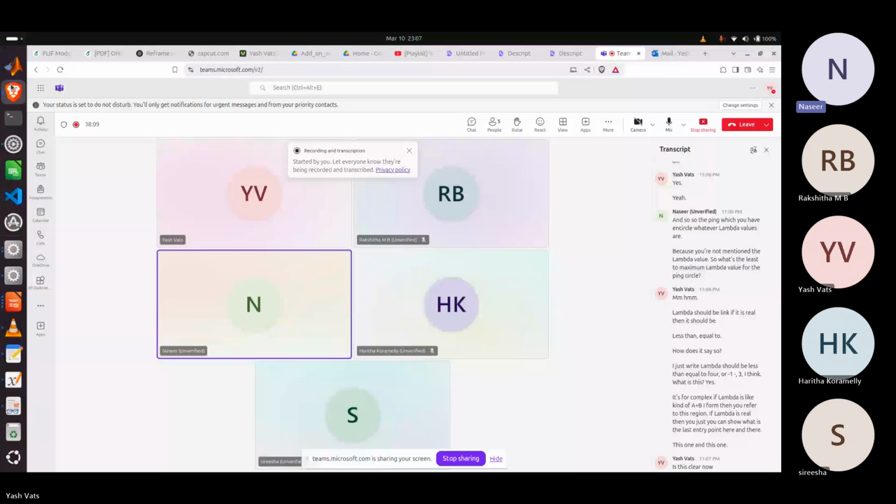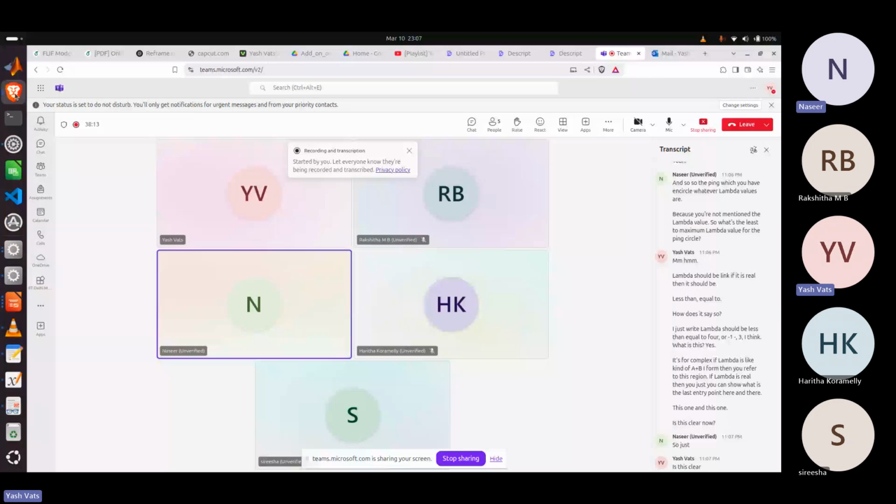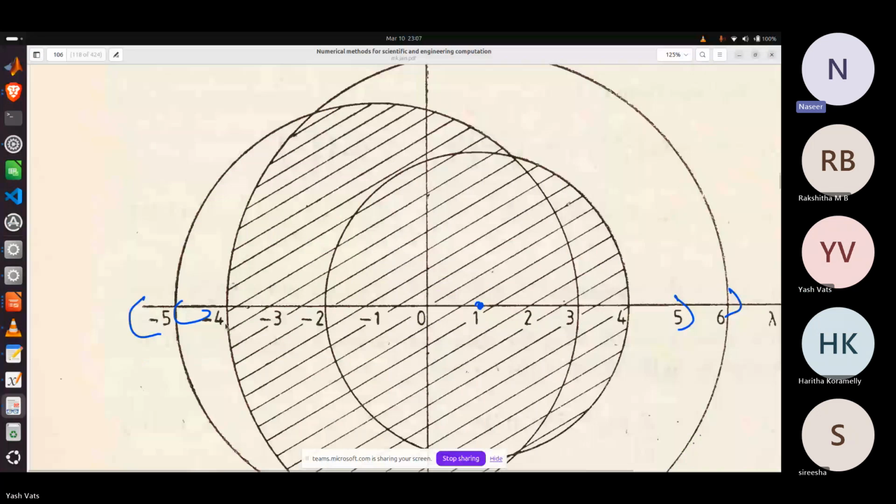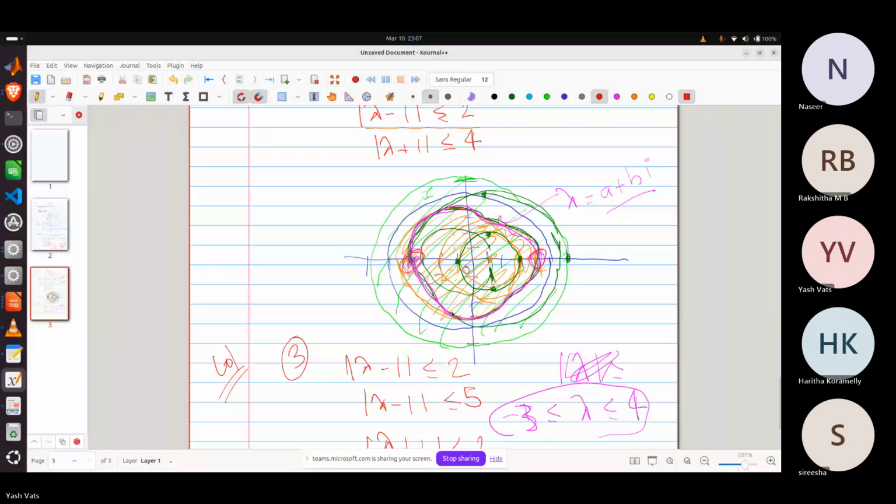Can you show the graph once? Here we are getting -4 and 4. Sorry, no, the graph which you have drawn. Here also we are getting the same. So -1, 1, 2, 3, 4, 1, 2.